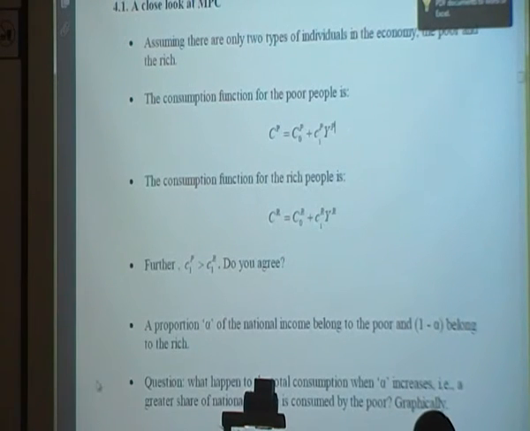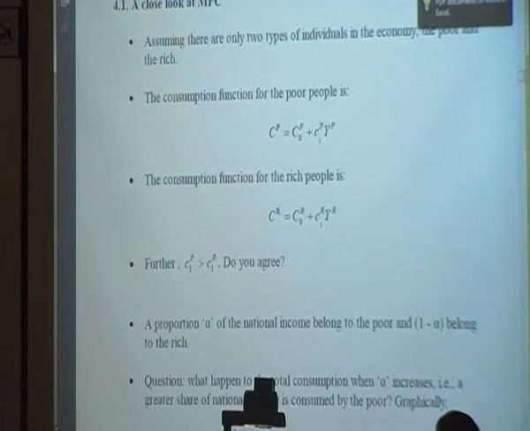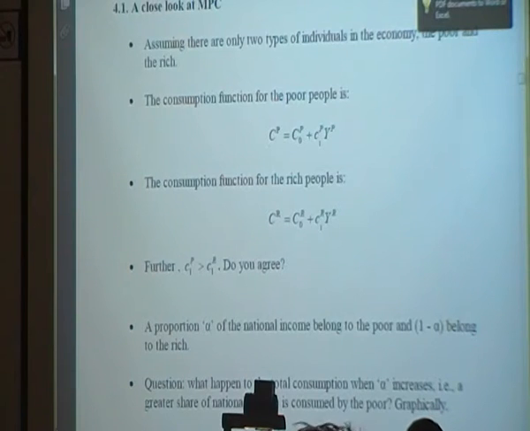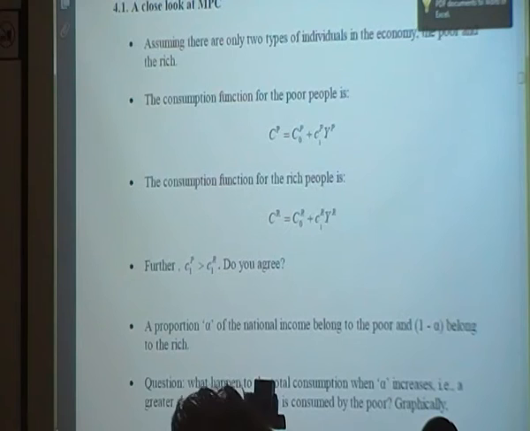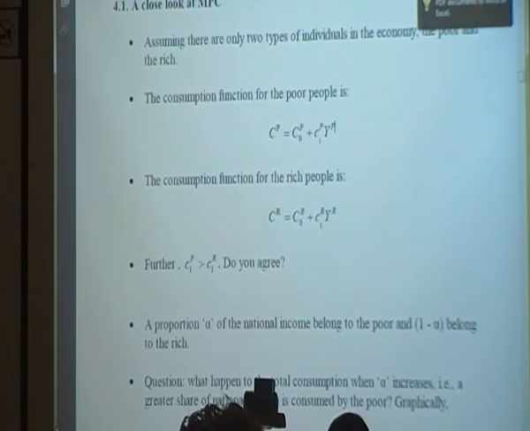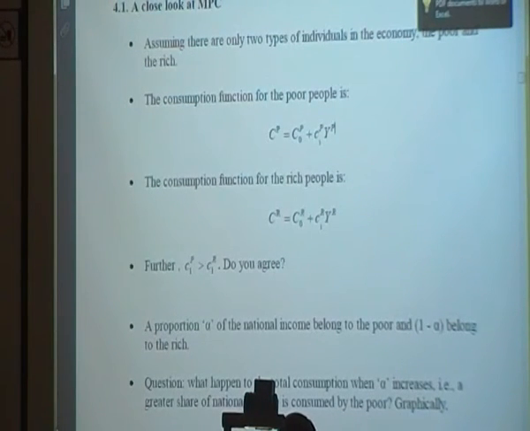Do you agree? Which means that if you look at the marginal propensity to consume for the poor, is it always greater than the marginal propensity of the rich? Some people say yes, some people say, I'm not very sure. Alright, you're not very sure. I show you this example. After that, you will be very sure with your answer.